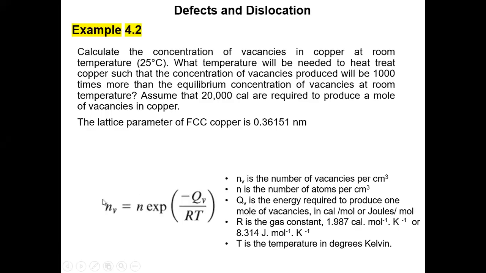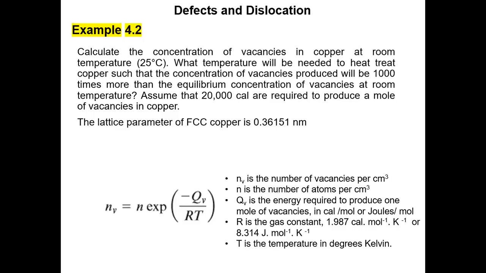So they are asked to calculate the N_V value. To find N_V, what other data do you need? N, the number of atoms per cubic centimeter. It is not given, but the required data to calculate N is provided. What is the data?